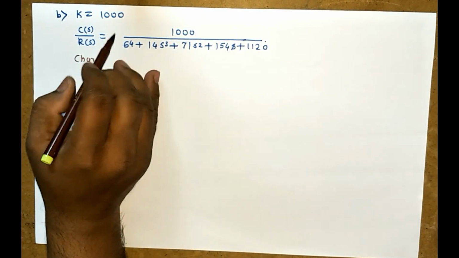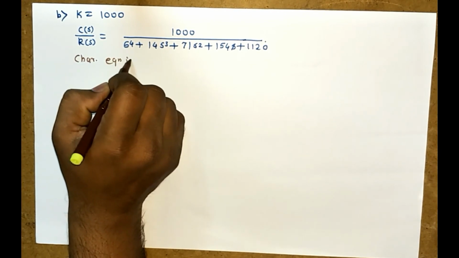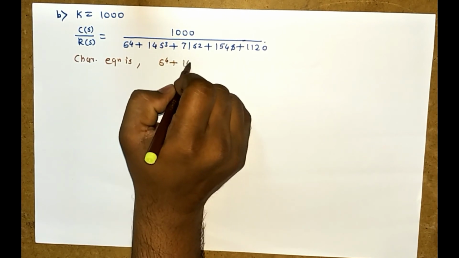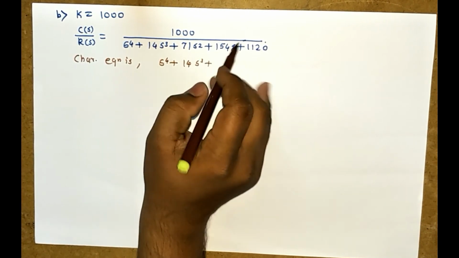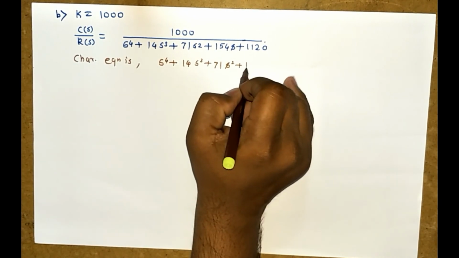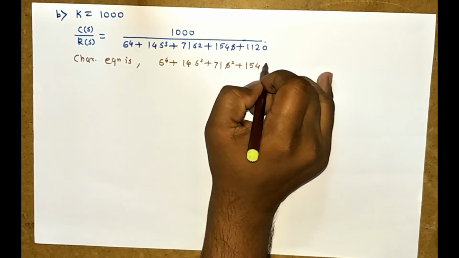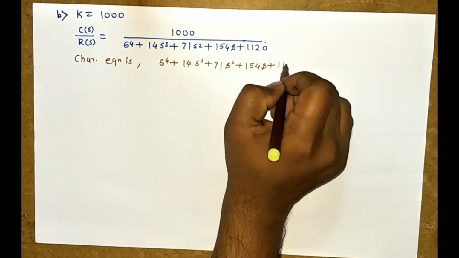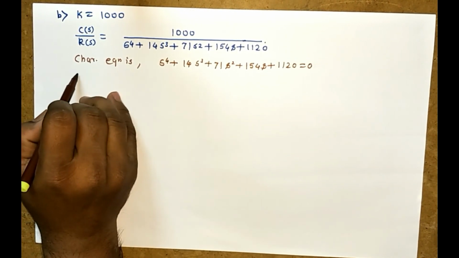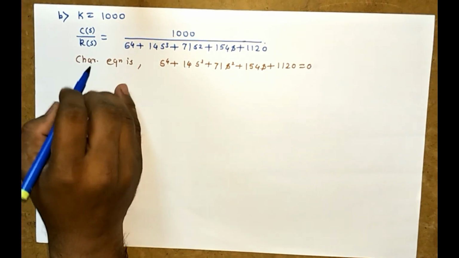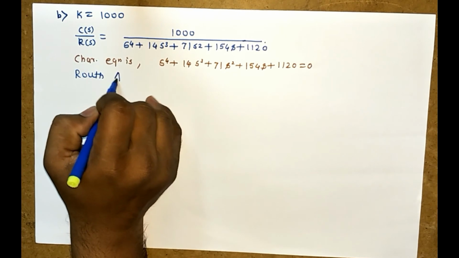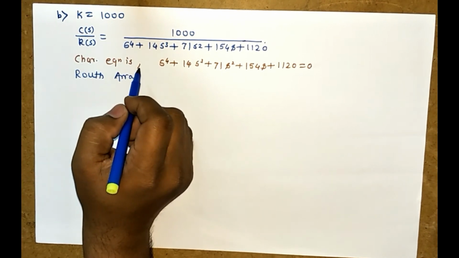Now the characteristic equation is the denominator of the transfer function. Now draw the Routh array for the given characteristic equation.